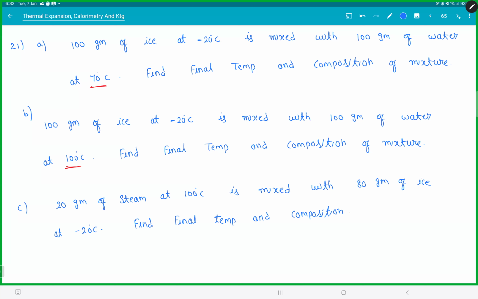Let's do the first one. I'll give you a minute. Think about it. The problem here, now you can't use ms delta T because there is a phase change, isn't it? There's m into L in the middle. So how do you approach this? Take a minute or two. Then I'll explain the first one. Then I'll give you time for B and C again. Think how do you approach this?